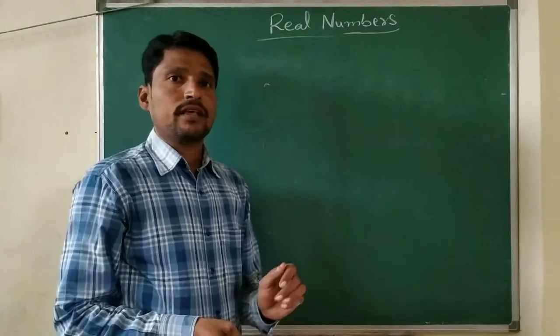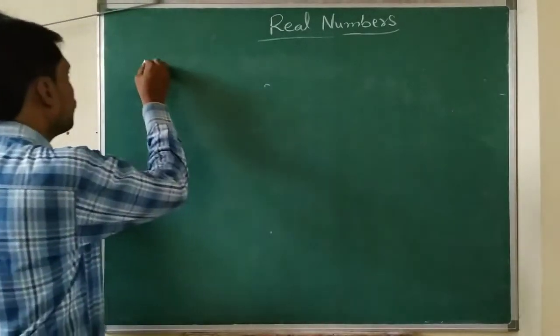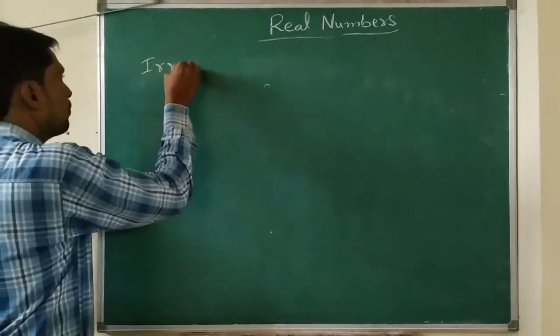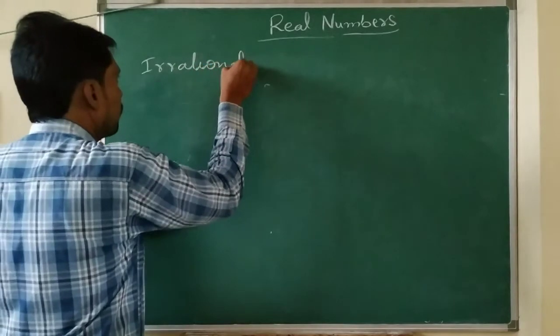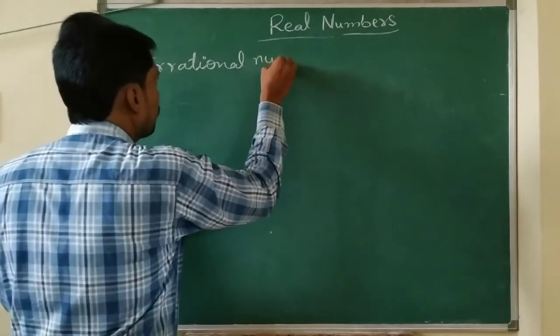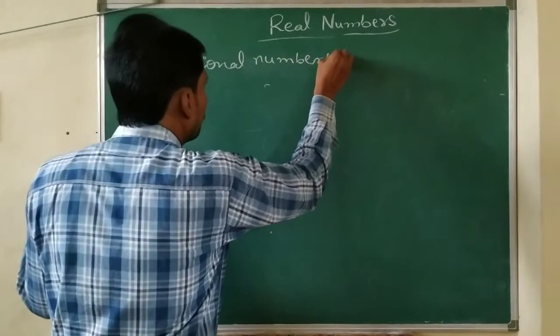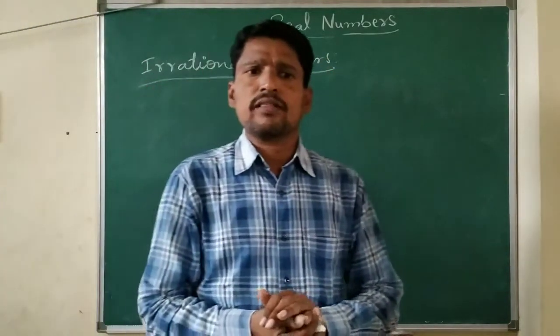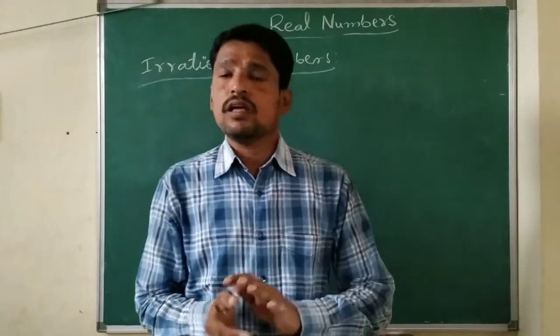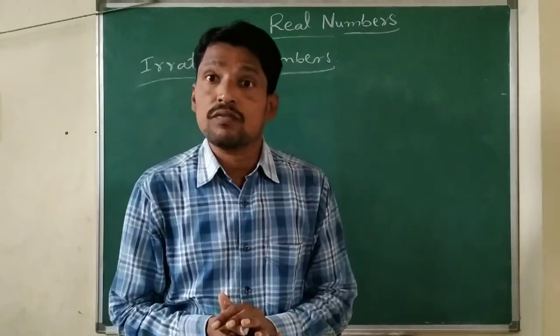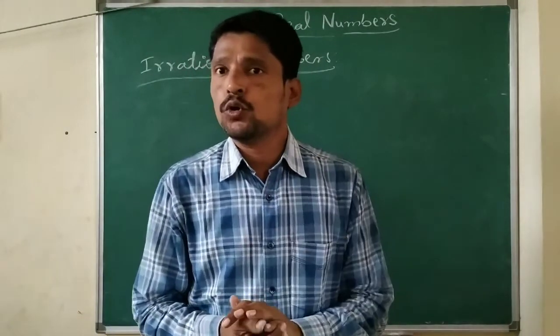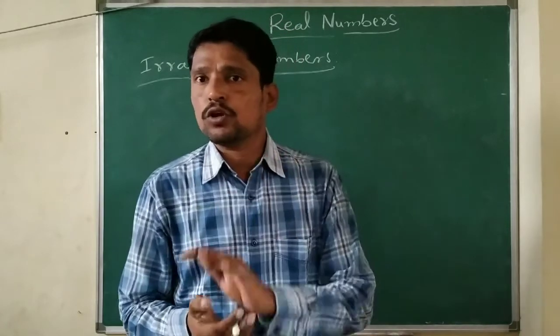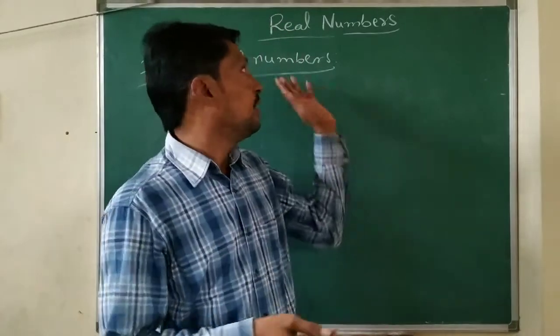Then the numbers are called rational numbers. Next one is irrational numbers. What are irrational numbers? The numbers which we cannot write in the form of p by q, q not equal to 0, where p and q are integers, are called irrational numbers.